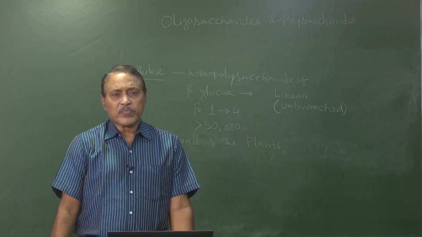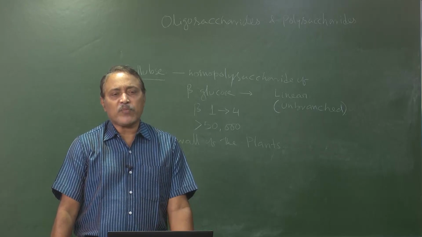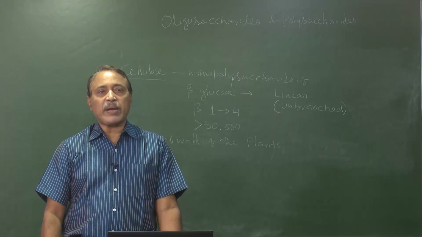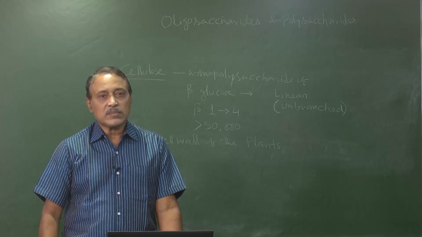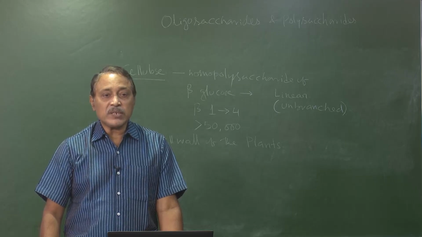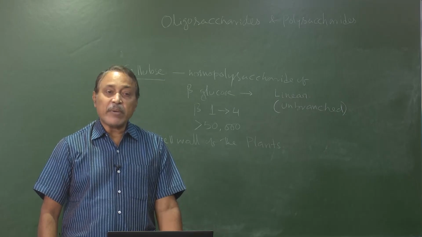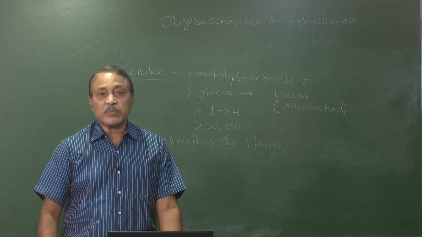You just see, this cellulose you find in many of your day-to-day usable things. If you have a cotton pant and shirt, they are made up of cellulose. Just imagine, cellulose is made up of glucose. Means your shirt and pant are made with glucose only, almost 95% pure glucose.